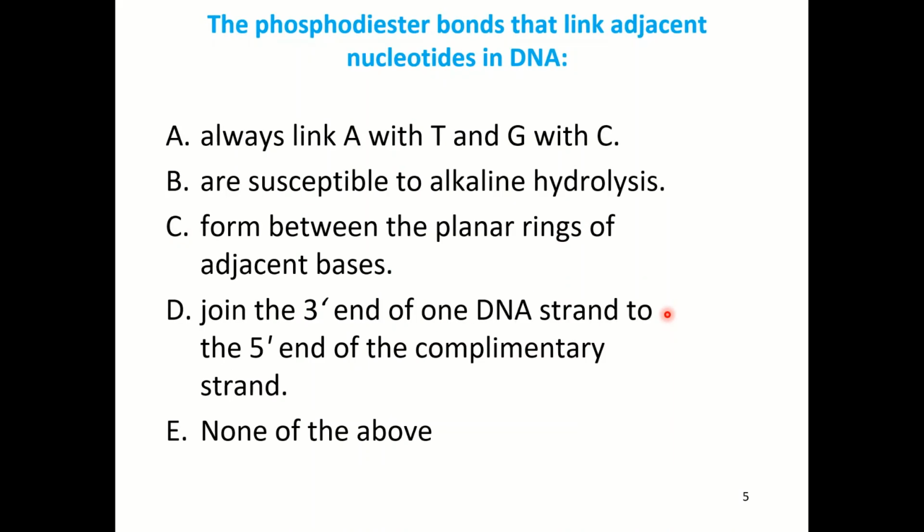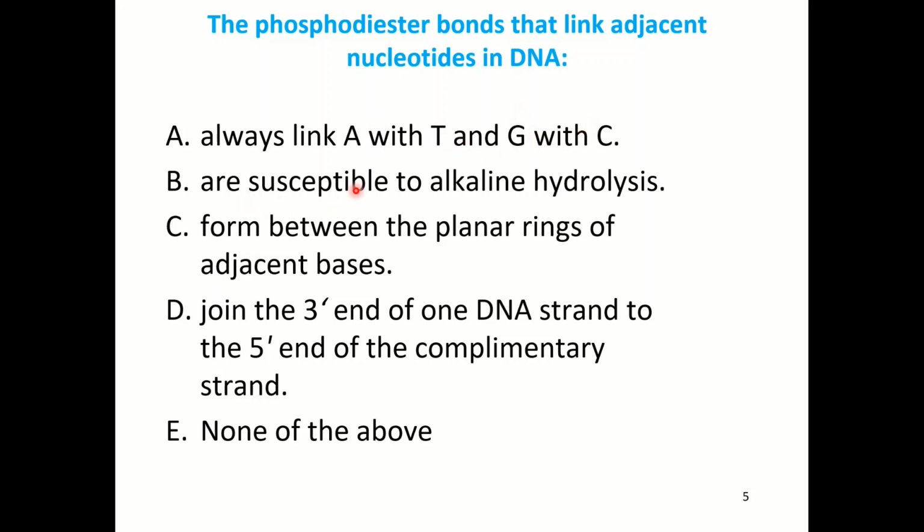The phosphodiester bonds that link adjacent nucleotides in DNA always link A with T and G with C. That is incorrect. The A and T and G and C interact via hydrogen bonding on different strands. This is asking about phosphodiester bonds and adjacent nucleotides, so that has nothing to do with these interactions.